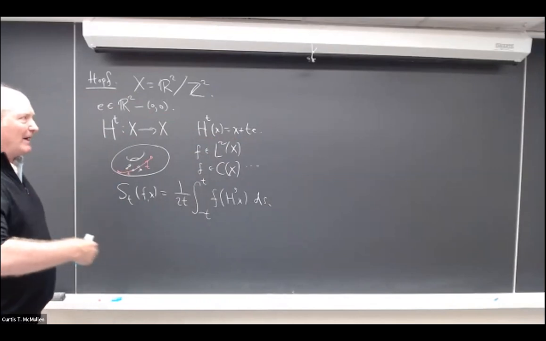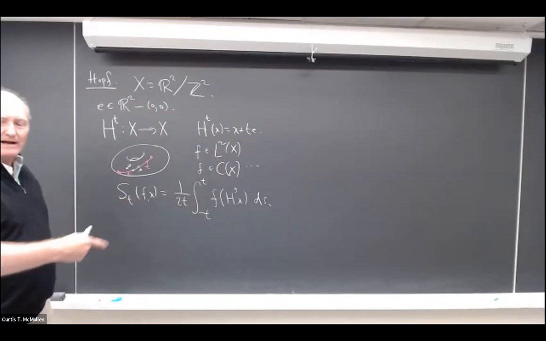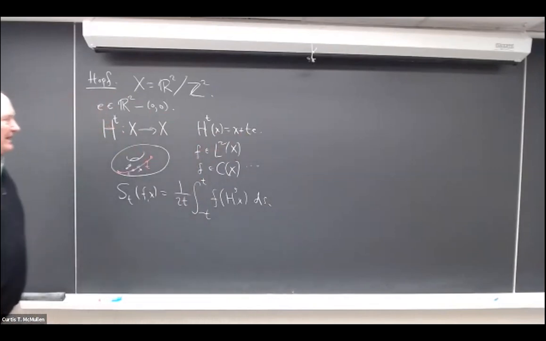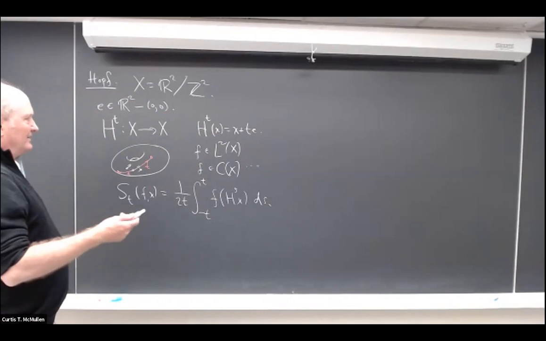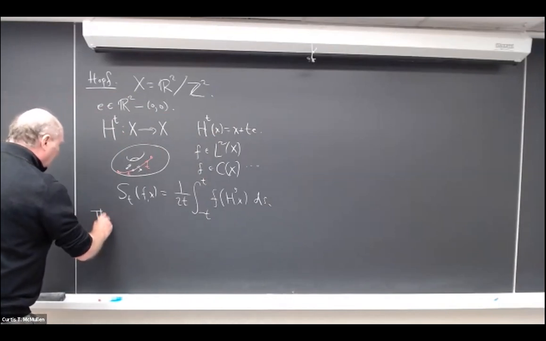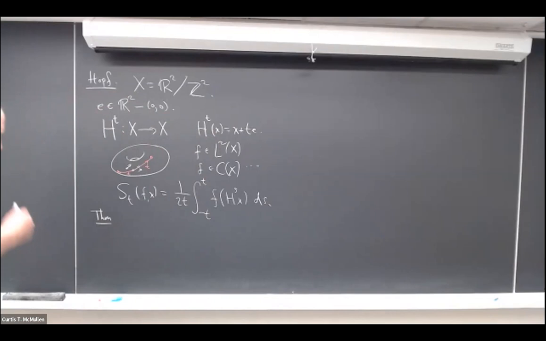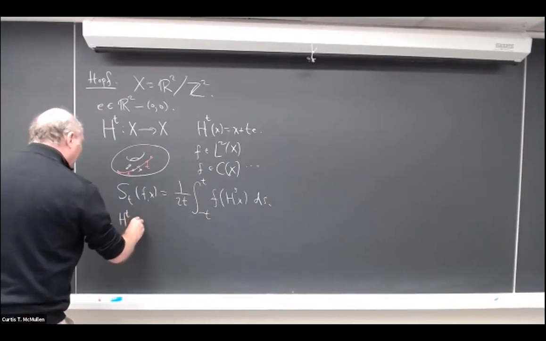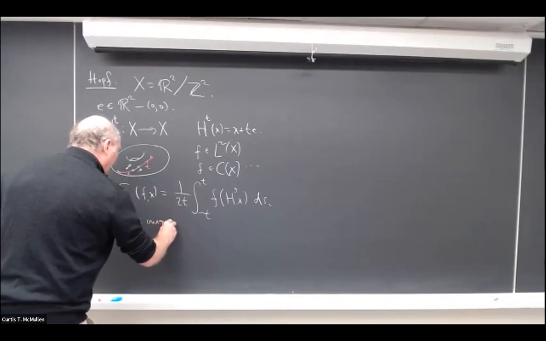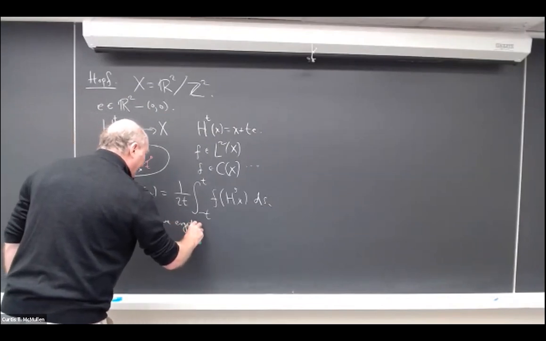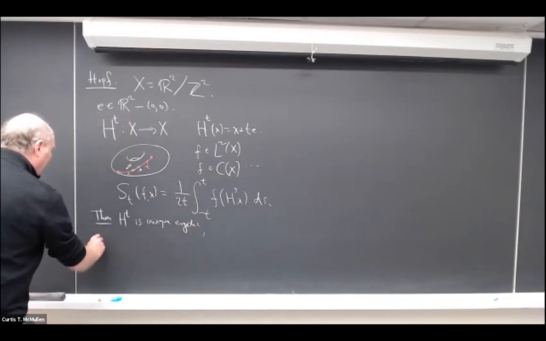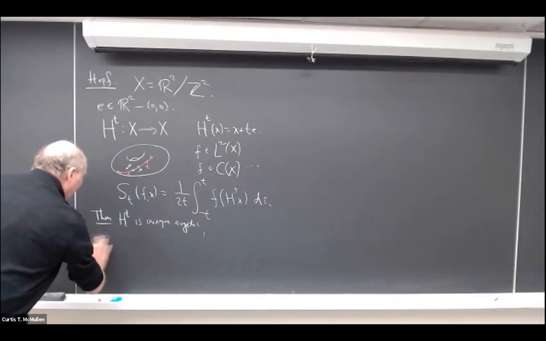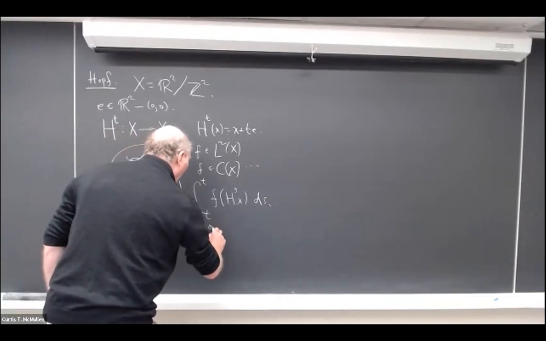Actually, we're translating by all the elements in a one-parameter subgroup of X, namely the one-parameter subgroup generated by E. And just as for a translation by a single element of an abelian group, the theorem here is that h_t is uniquely ergodic, and in particular ergodic, that will be all we need for the subsequent discussion, if and only if, well, let me put it this way, it's uniquely ergodic or periodic.